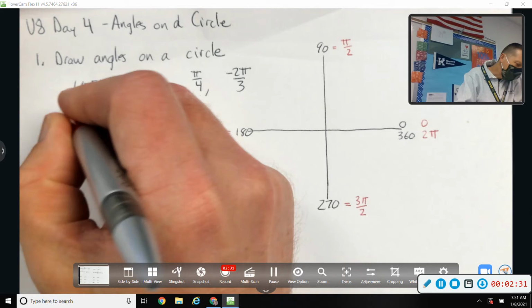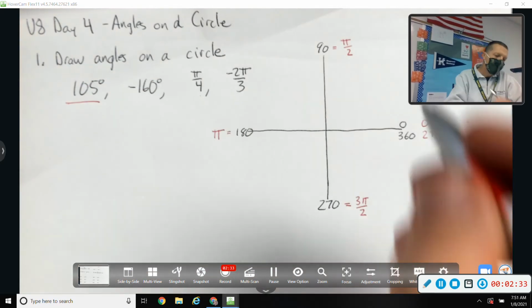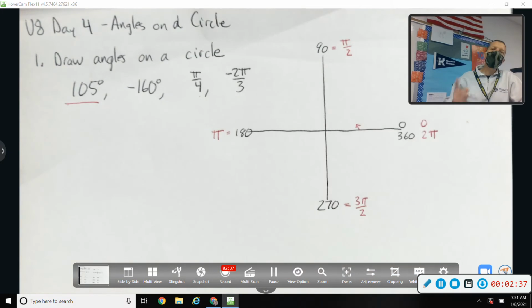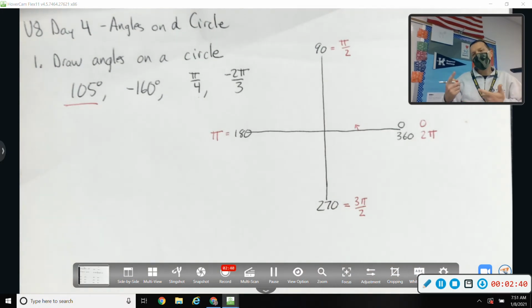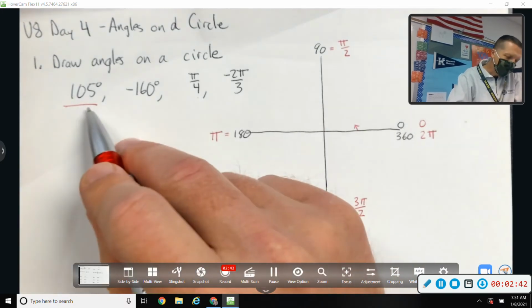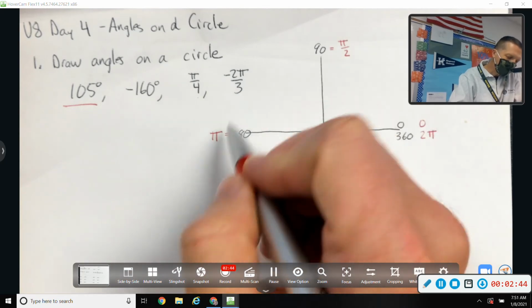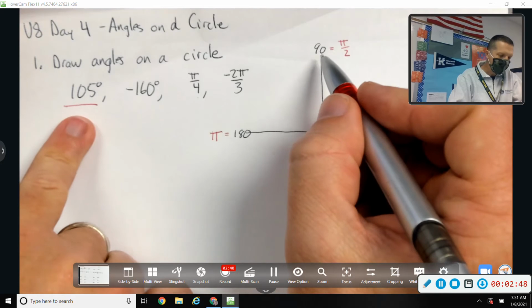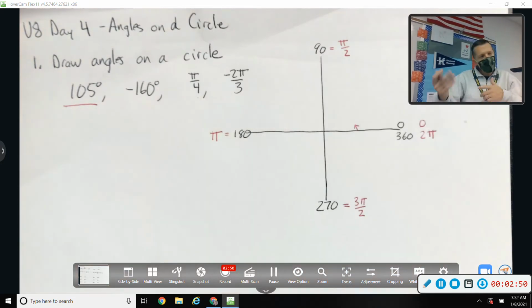All right, so let's put these angles on there. 105 degrees. Remember, we always measure from the positive x-axis rotating up, unless it's negative, and then we rotate down. So 105 is bigger than 90, less than 180, closer to 90. So as best you can, go 15 past 90.